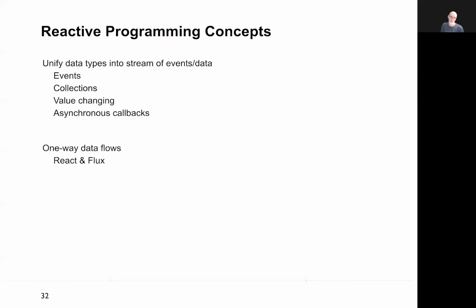one-way data flows. How to explain this? Normally, when we build a program, we've got data, and the user does something, so we have to modify the data, and once the data changes, we then need to update a bunch of other stuff.